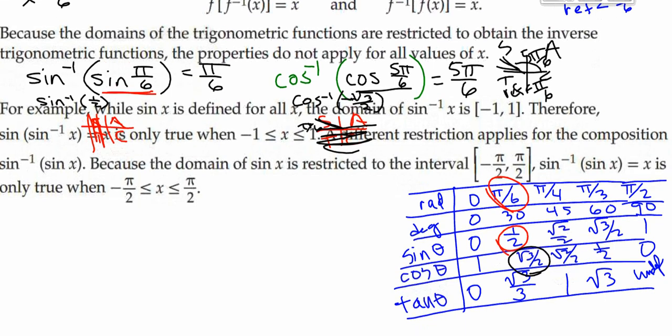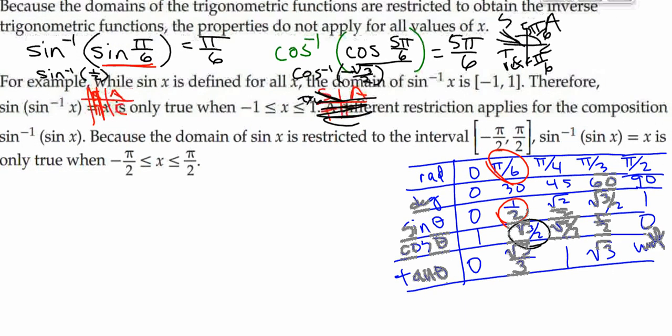But now I want to look at what happens if that's in a different location. I'll pick the inverse sine of the sine of 5 pi over 6. Give me a head nod: do you think the answer is 5 pi over 6? Okay, let's think this through a minute.